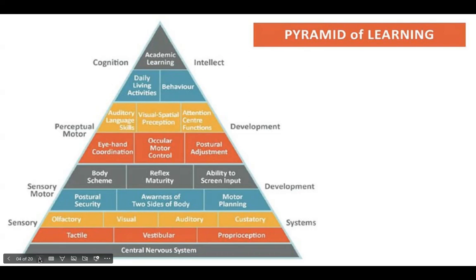Those sensory systems are really at the bottom, having your central nervous system and the way it takes in signals from all of your senses, and how we can use that input to have more successful things like upright body position and being able to motor plan the tasks of an activity. Oh, if I want to play with this toy, I'm going to need to have my body upright in a chair.